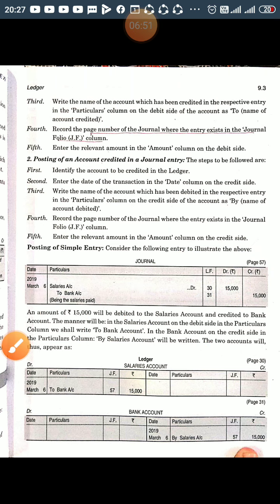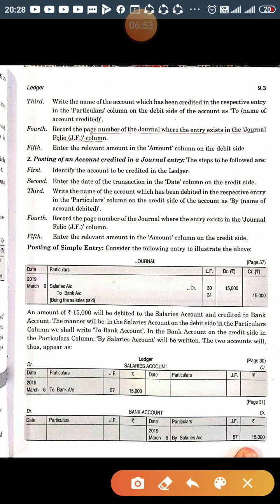Now I'm going to explain the bank account. The bank account has been credited here with the amount of 15,000. So you have opened the bank account. Now on the credit side, you will put the date in the date column.